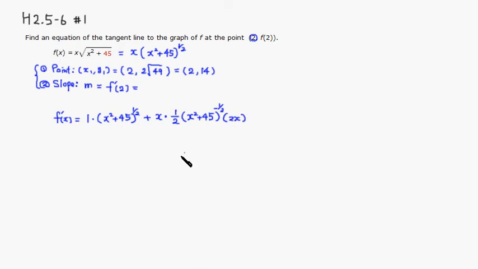Then we need to clean up a bit. You can see that there's a 2 on the bottom and 2 on top, so they cancel out.